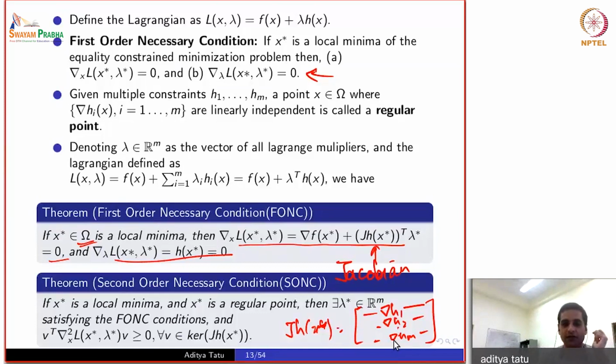The second order necessary conditions, I'm not going to derive it, basically say that V transpose times the second order derivative of the Lagrangian function times the vector V must never be negative.